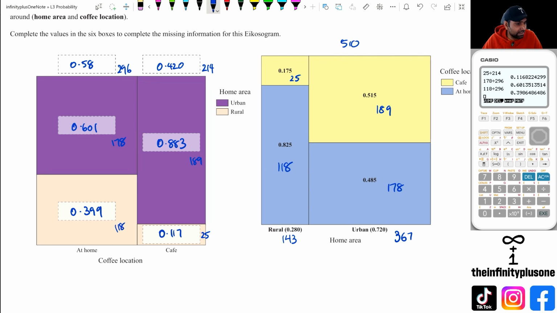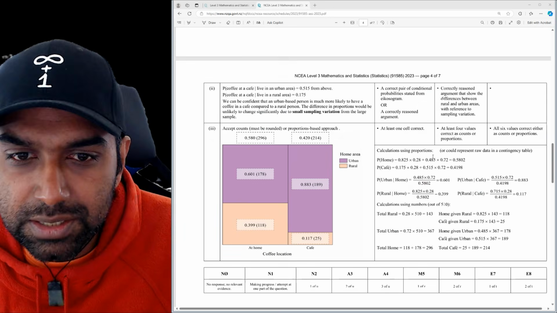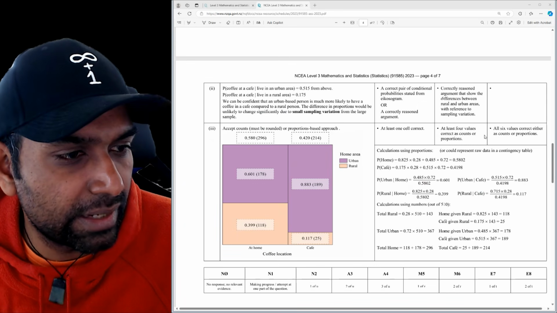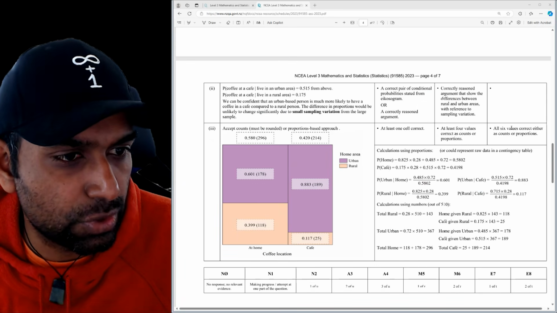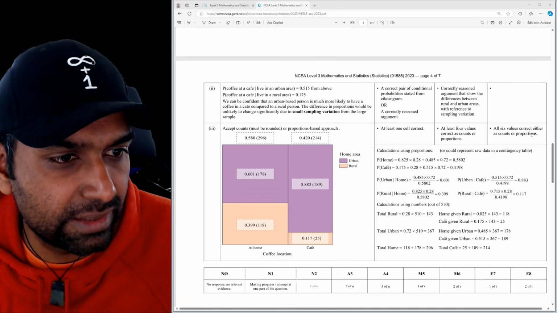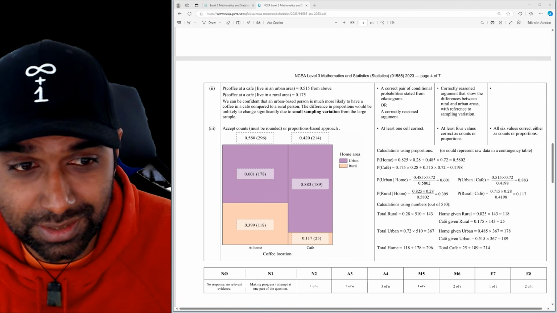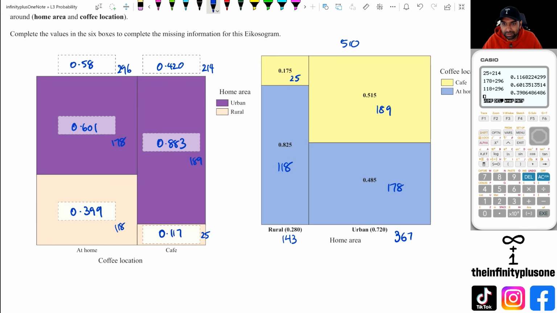So this is how I did it. Now, looking at the answer schedule, and I'll show you guys the screen here: at least one cell correct, 4 values correct as counts or proportions, and all 6 values correct either as counts or proportions gets you an Excellence. I've reversed it and done it this way, and I've got the 6 values in there.